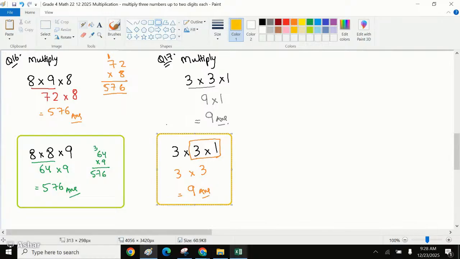Let's see. The next question we have is, let's see who can answer this question the fastest. I'll write down multiply 2 times 7 times 5. Let's see who can answer this the fastest.